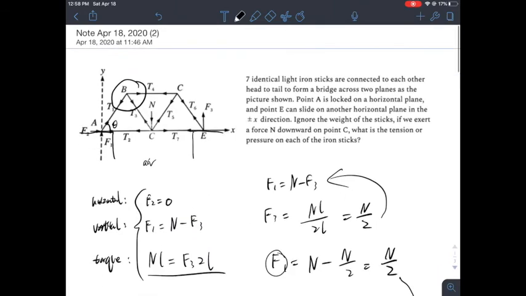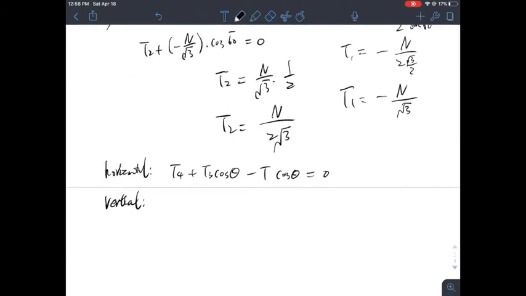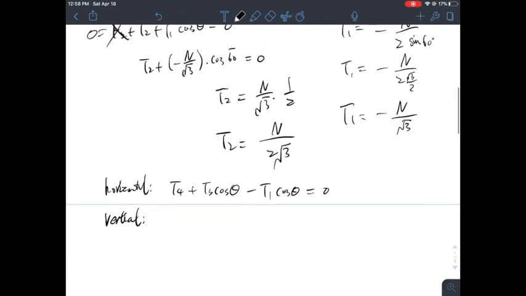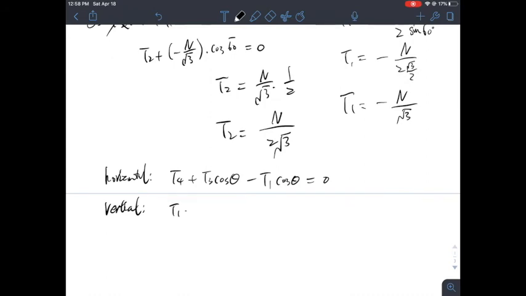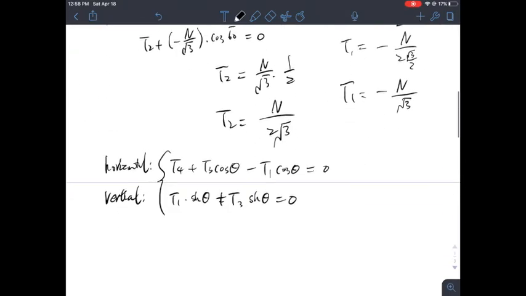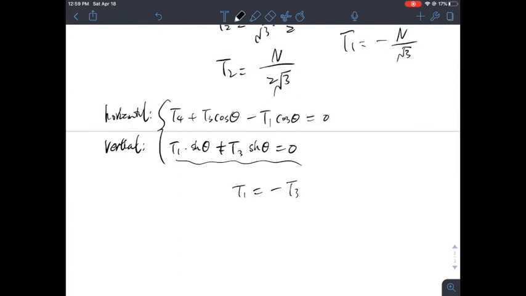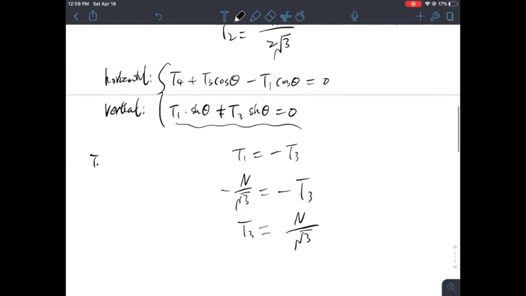In the vertical direction, we only have 2 forces, T1 times sine of theta plus T3 times sine of theta equal to 0. From the last equation, we can already see that T1 is equal to negative T3. We already know T1, which is negative N over the square root of 3. So we can derive that T3 will be equal to N over the square root of 3.